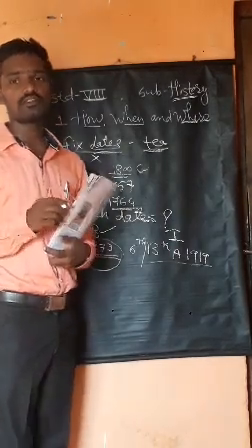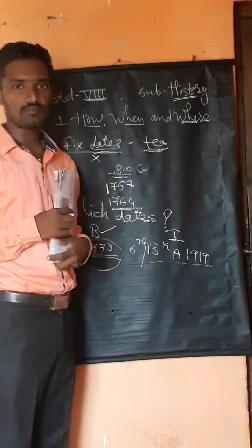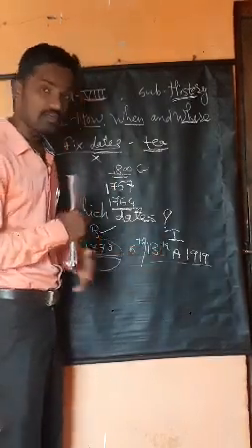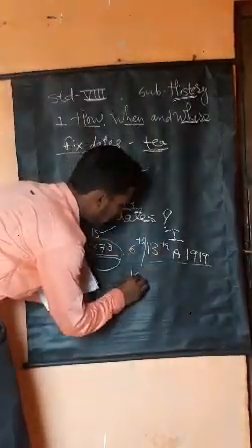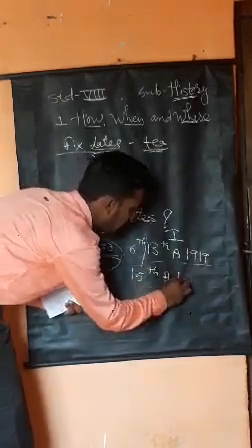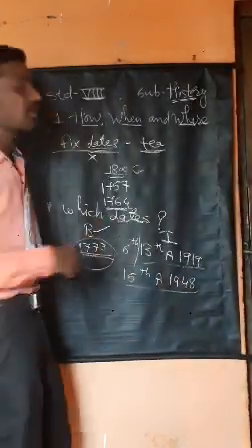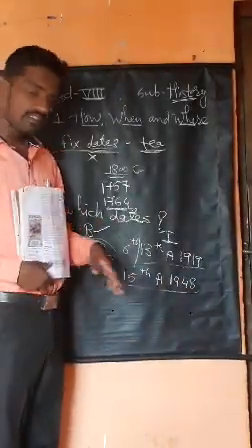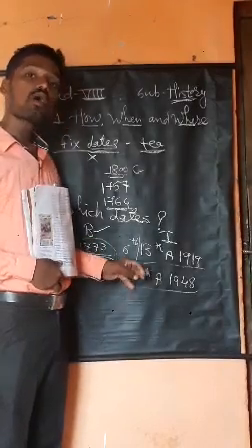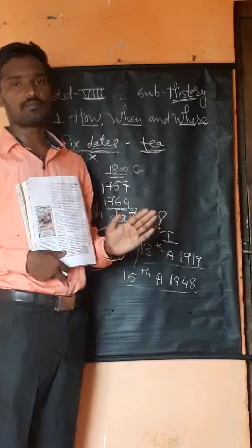Which movement? The Non-cooperation movement was started. So these dates are important. For example, one more thing, 15th of August 1947. This date is important. Why? Because on this day India got freedom.